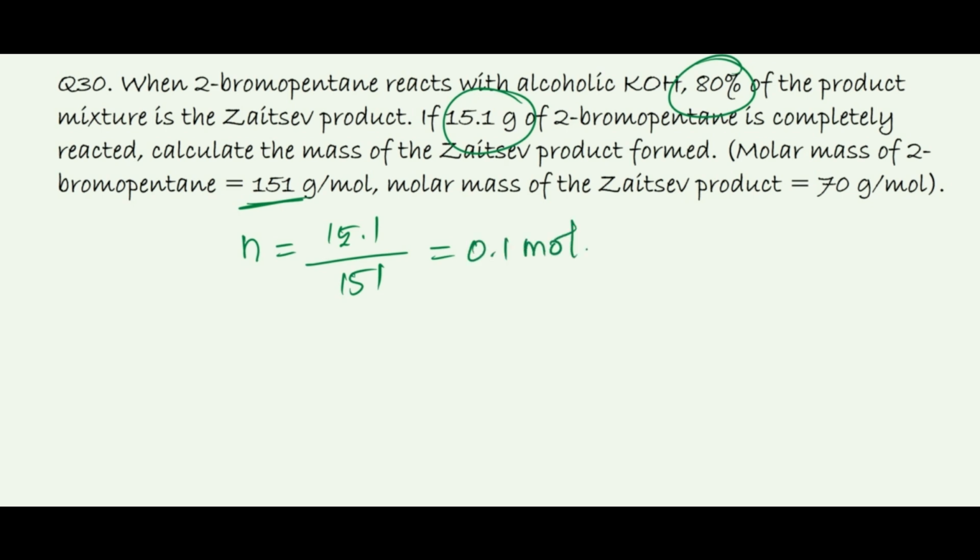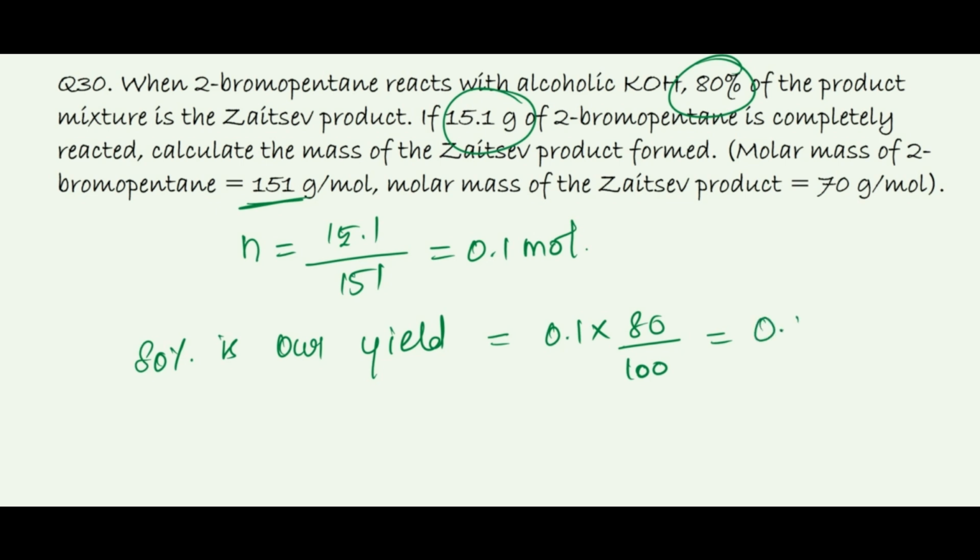As a next step, 80% is the yield. So from 0.1 mole, 80% is our yield. So how many moles must have been formed? 80 by 100 into 0.1, which makes it 0.08 mole formed. Out of 0.1 mole, 0.08 moles are formed.